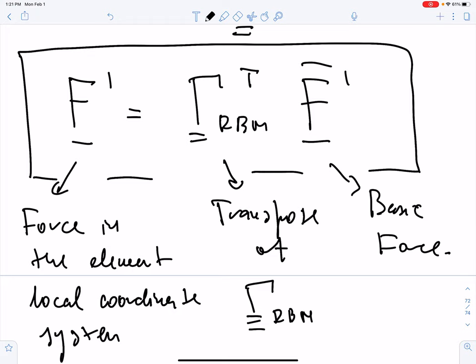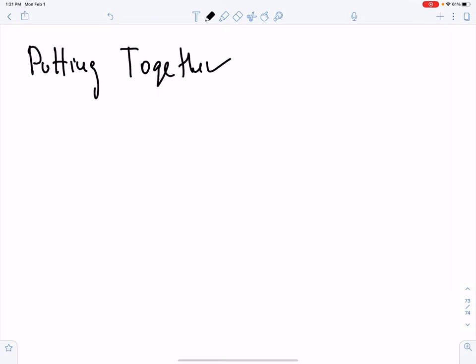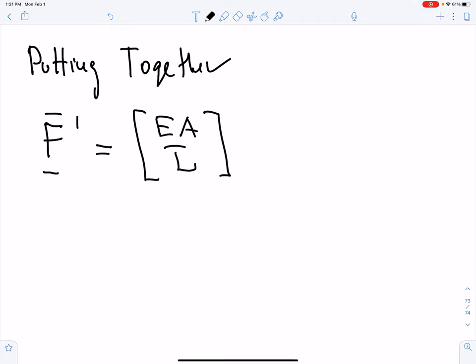All right, so then let's start putting things together. What do we know? F prime over bar, under bar equals the basic stiffness, EA over L, times delta prime over bar under bar.